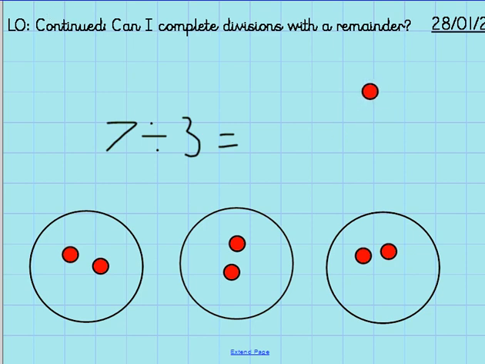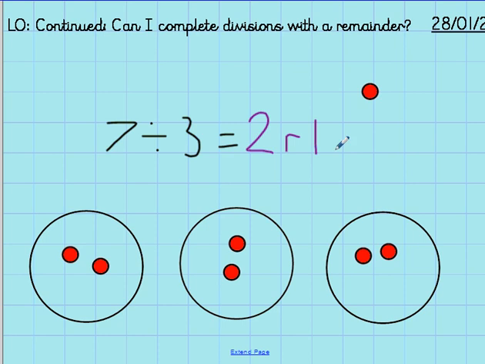We would record that by saying 7 divided by 3, well, we could get 2 ones, and then we'd have 1 remainder. And that 1 remaining is just one that's left over that doesn't fit equally into these groups.